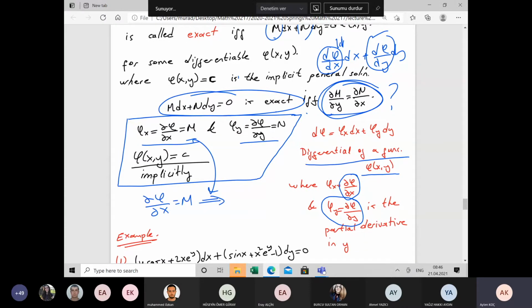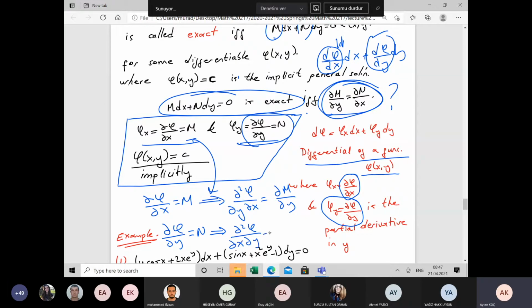We obtain the second derivative of phi with respect to y and x equal to dM over dy. And because our equation is exact, d phi over dy is N. Take the partial derivative with respect to x: the second derivative of phi with respect to x and y equals dN over dx.